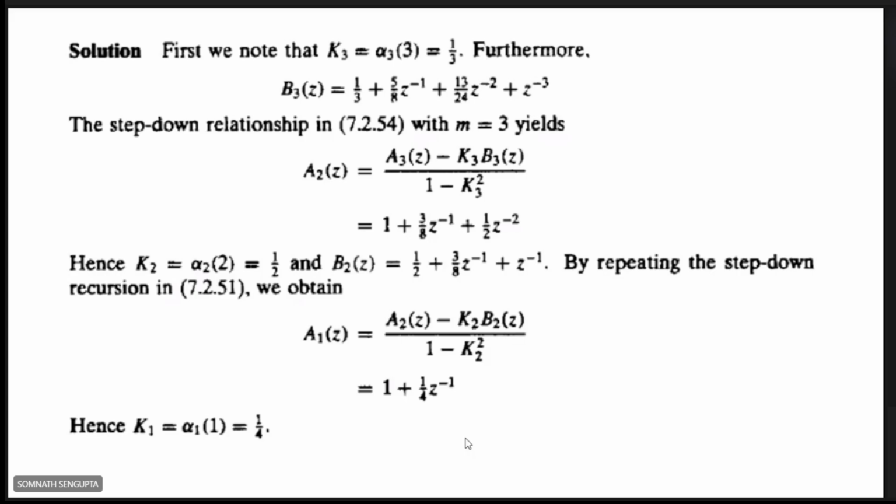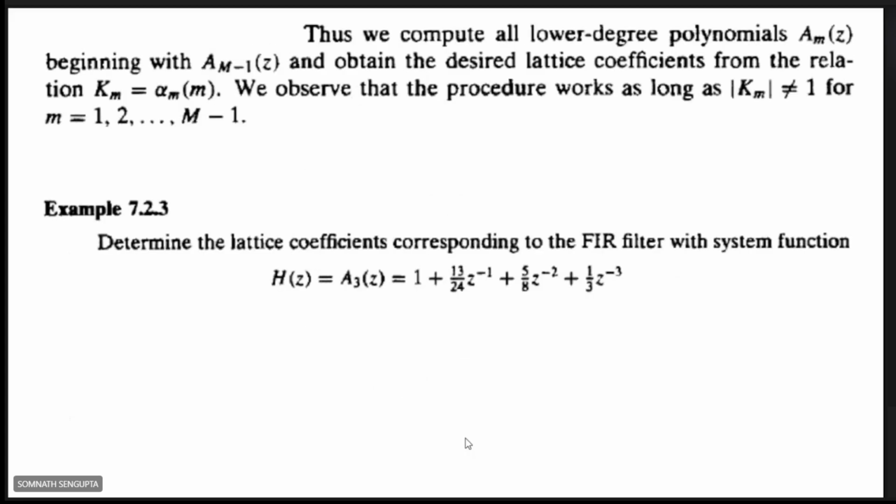So here A3z is given. Determine the lattice coefficients corresponding to the FIR filter with system function A3z equal to 1 plus 13 by 24 z inverse plus 5 by 8 z to the power minus 2 plus 1 by 3 z to the power minus 3.